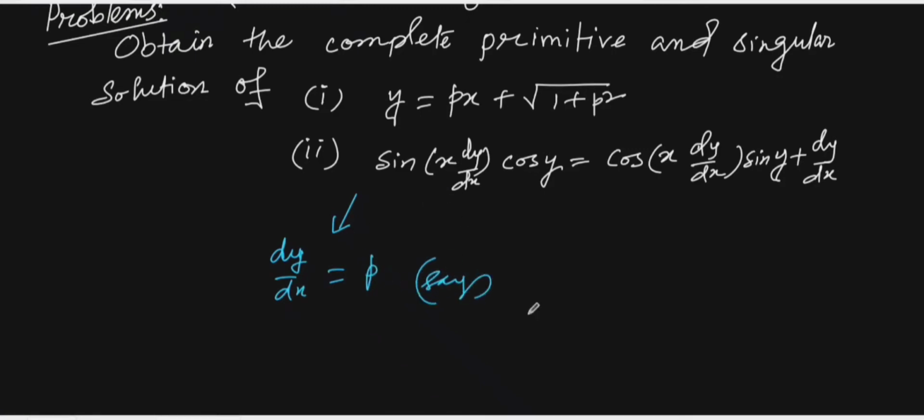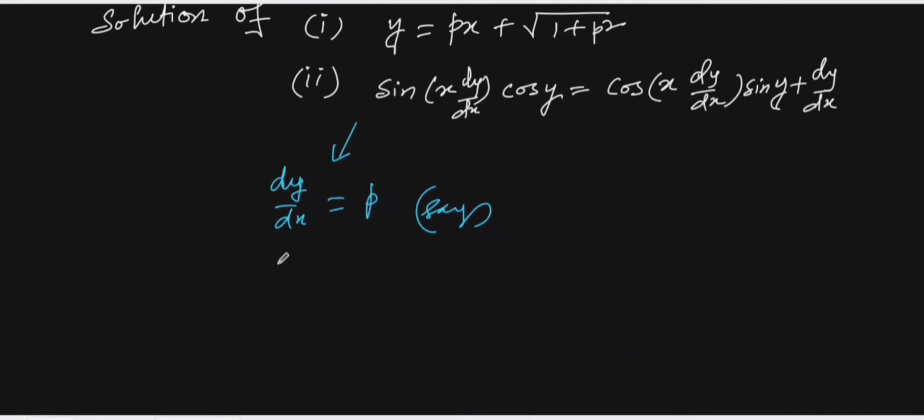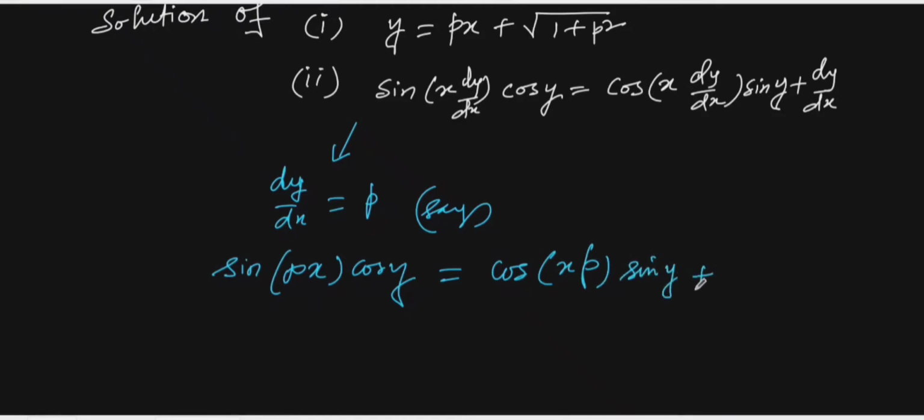Then the equation will look like sin(px) cos y equals cos(px) sin y plus p.